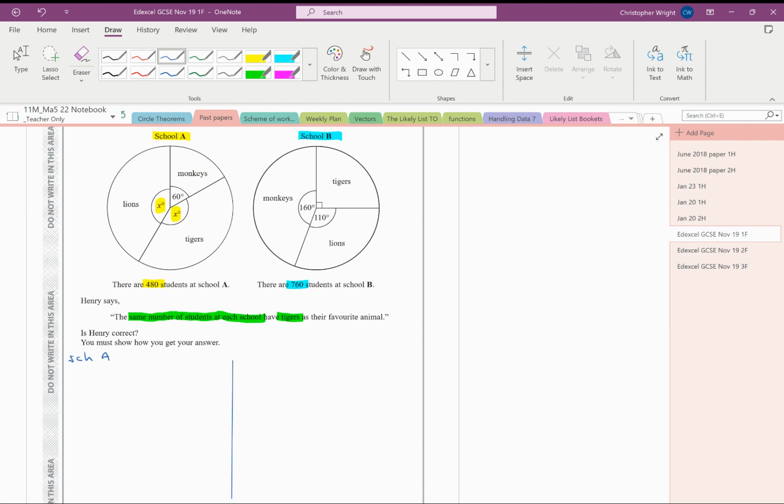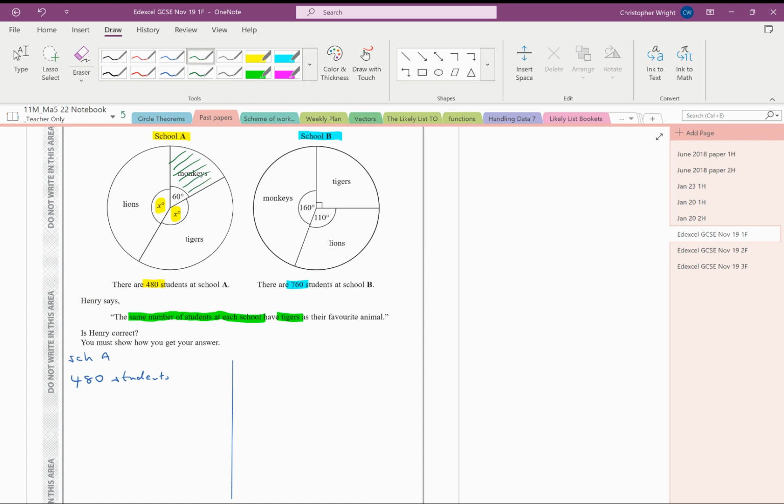I know that the pie chart represents 480 students in all. Now, 60 degrees of the pie chart, they like monkeys, don't they?